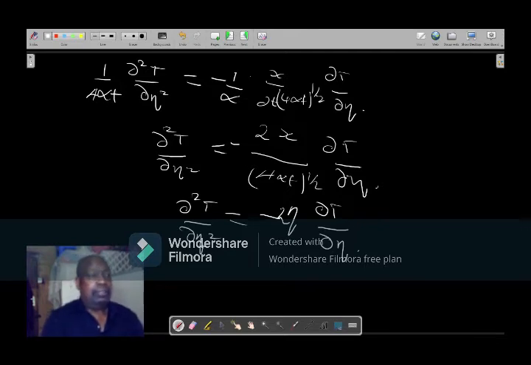And now, as you can see, we have a second order differential equation that we have kept as a partial differential equation throughout. But as you can see, we have only one variable, that is T is varying with eta.